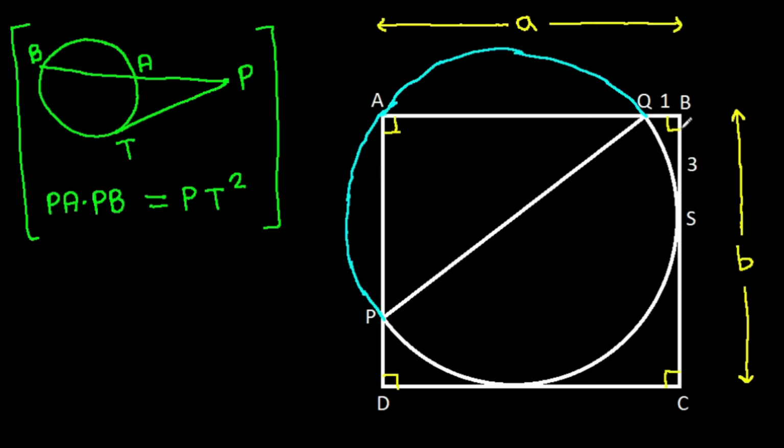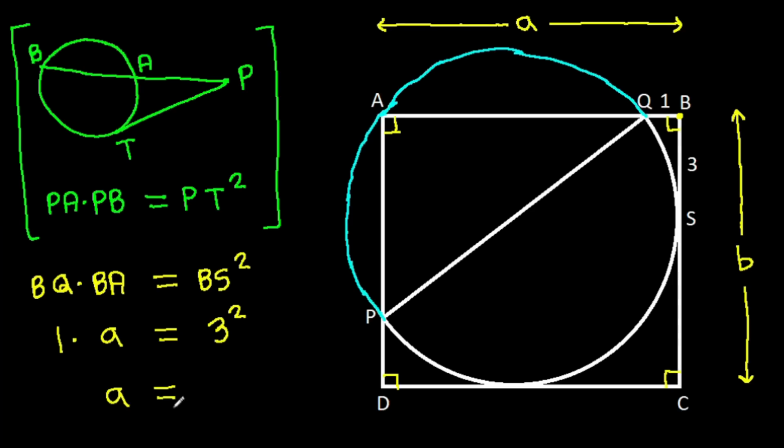So here from point B, BQ times BA will be equal to BS square, and BQ is 1 times BA is A, it is equal to BS is 3 square. So A will be 9, we get A is 9.